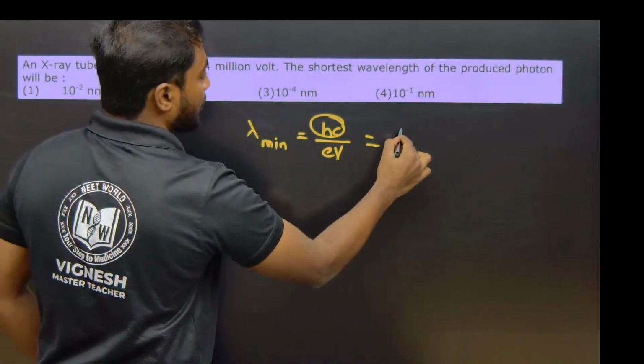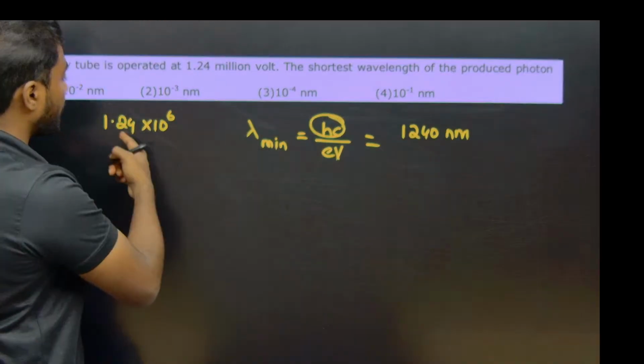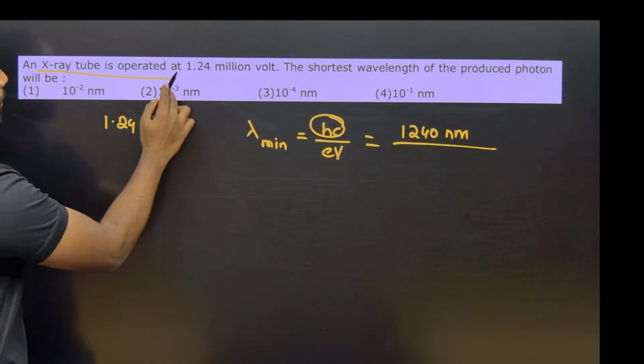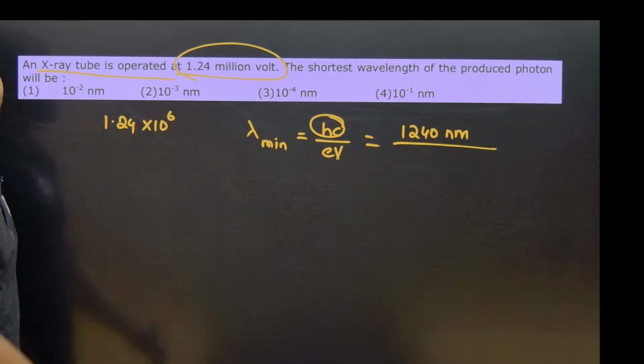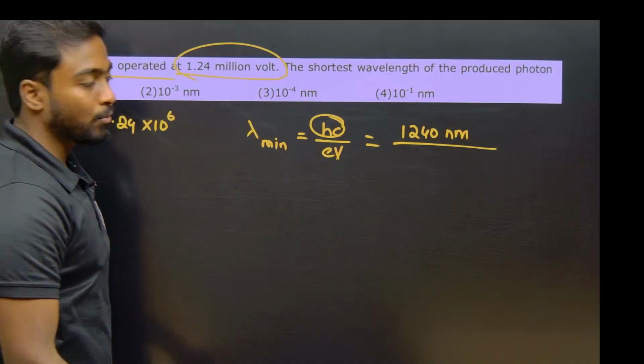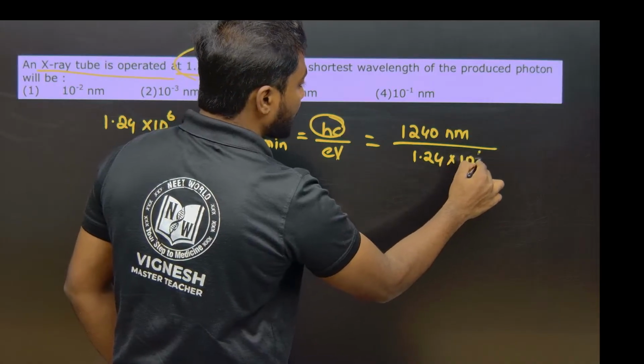The value of hc is 1240 nanometer, and eV is given as 1.24 million volt, so 1.24 into 10 power 6.